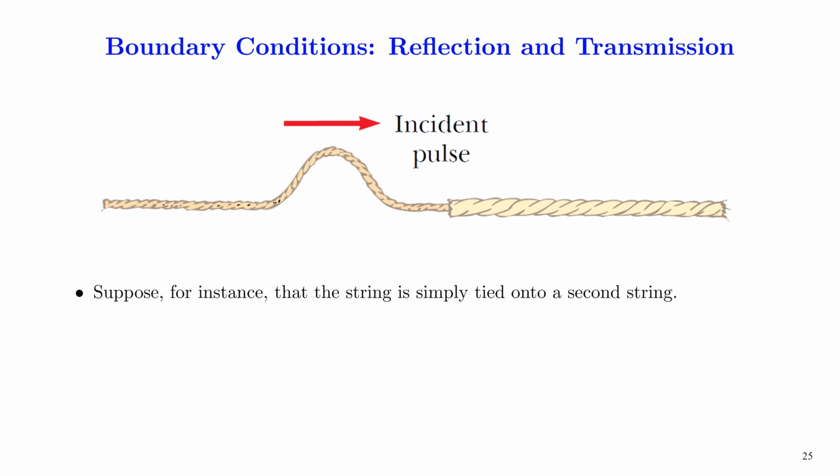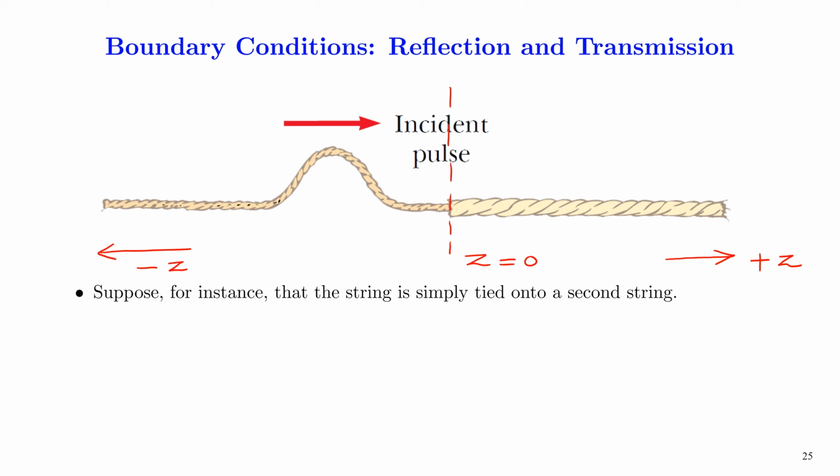To bring home the point of discontinuity in the media, let us consider this example of two strings having two different mass per unit lengths attached at point z equal to 0. In this example, this direction will be taken as plus z and this direction will be taken as minus z.